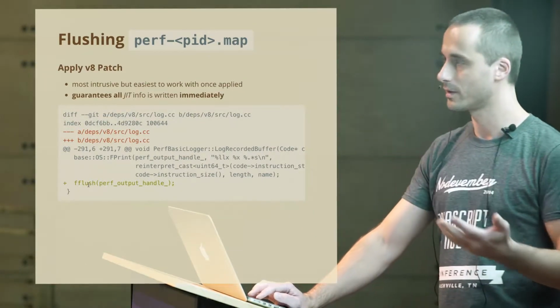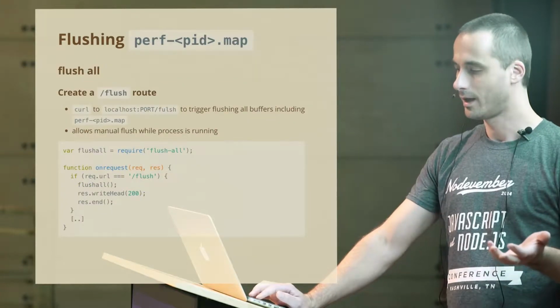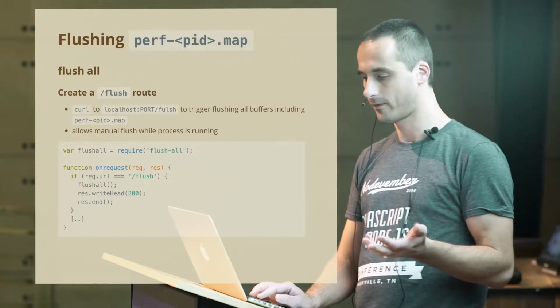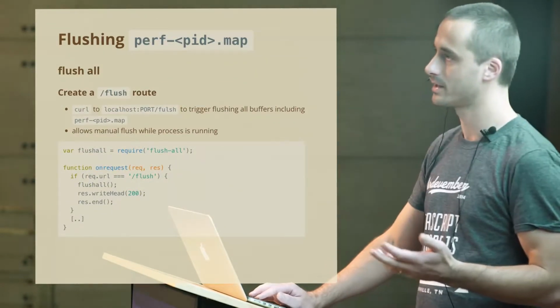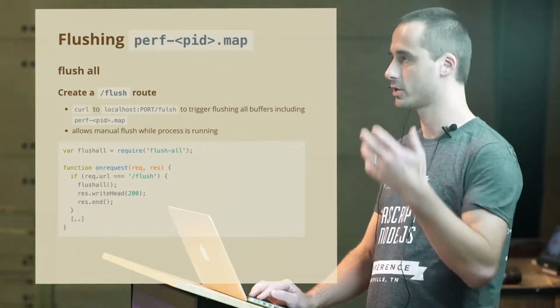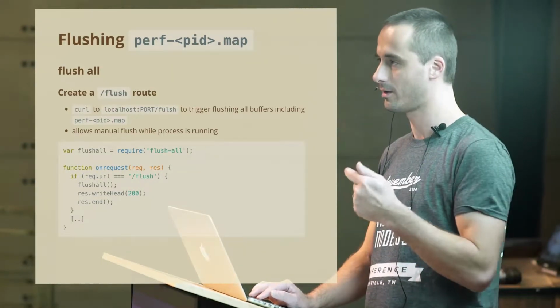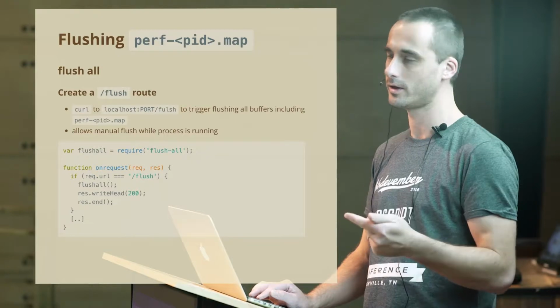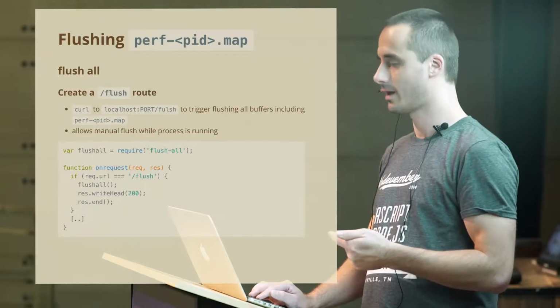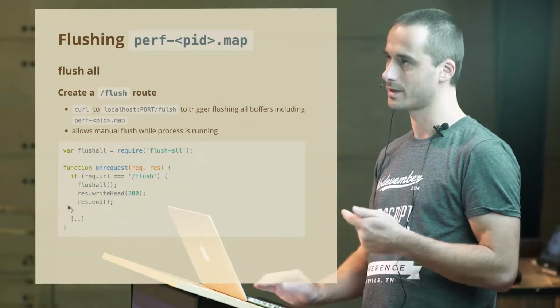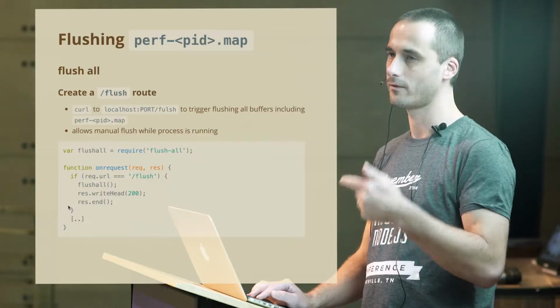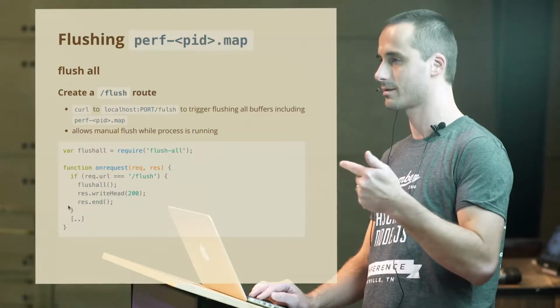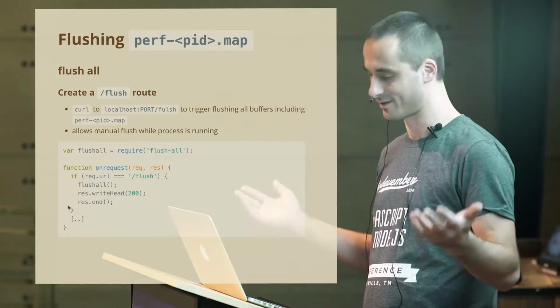But if you don't want to run a patched V8, I created this module called flush-all. All it does is a binding to fflush(NULL). Apparently in C, if you call flush with null, it flushes all the buffers. However, I realized that it's not always working. If you flush multiple times, somehow it doesn't flush correctly.